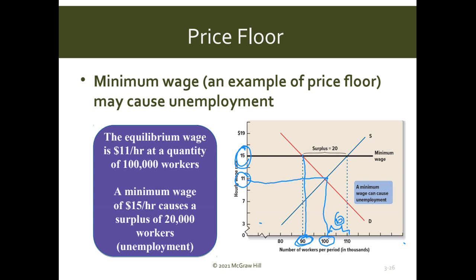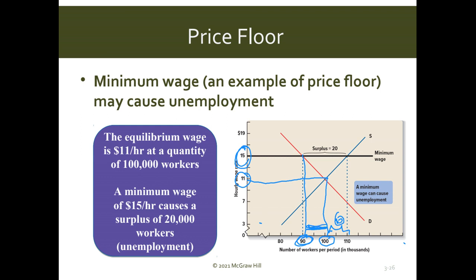These 90 workers are not against the price floor. They are happy because before the minimum wage law, they were earning $11 an hour. Now they are earning $15. These 10 workers, from 110 to 100, they lost their jobs. Why?